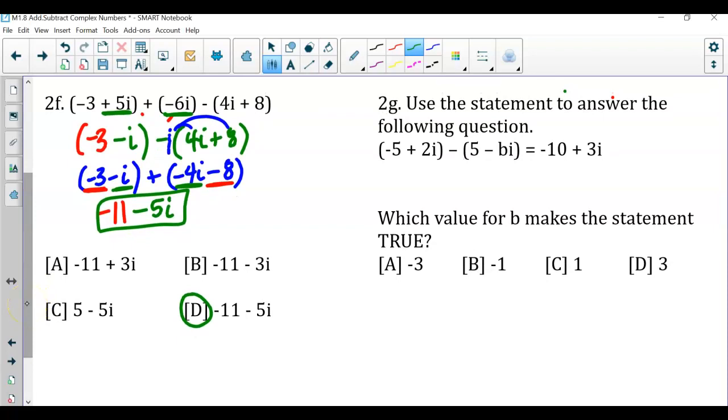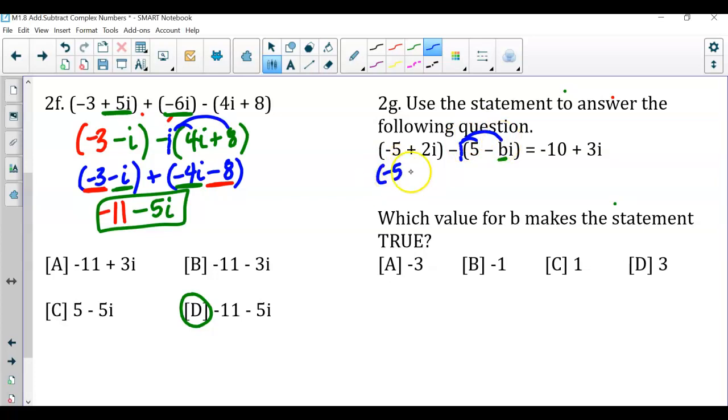Now with 2G, our last question here, we're looking for what value does b need to be to make this statement true? Well, first off, we need everything to be pretty, right? Think about like addition. So I'm going to first rewrite the left side here, see how we're subtracting, and let's go through and distribute our negative 1, just like how we would before.